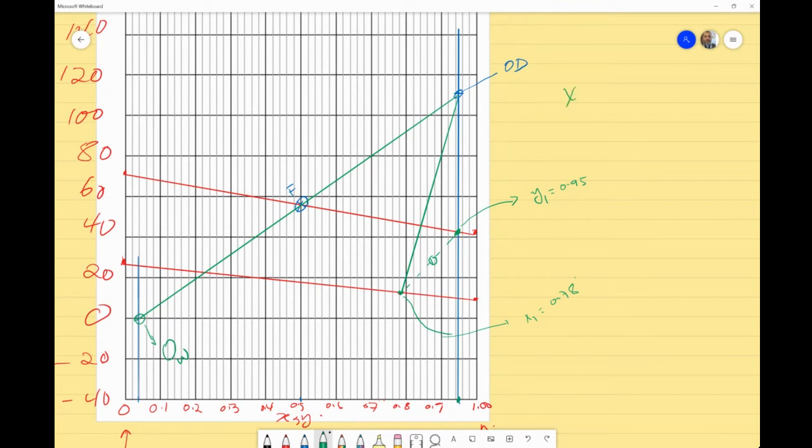So we know Xn and Yn plus 1 and OD are connected. So I now have X1, that means the one that connects these two is going to be Y2. So this is my Y2 and is equal to almost 0.84.